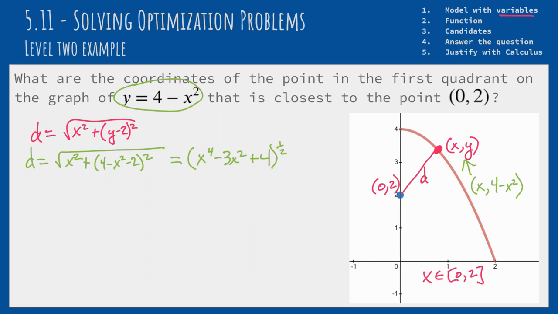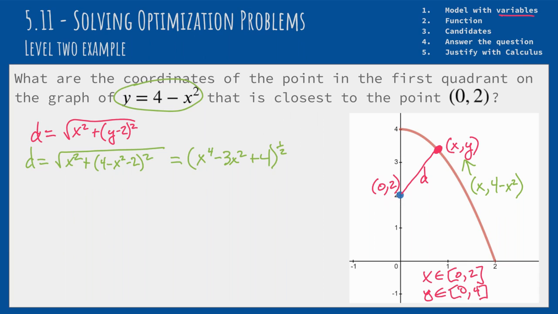I know x equals 0 and x equals 2 are not actually going to be in there, but I'll include those endpoints. It technically wouldn't be in the first quadrant if x is 0 or x is 2, but we just won't include that if that does end up being our answer. The y values are going to go from 0 to 4.